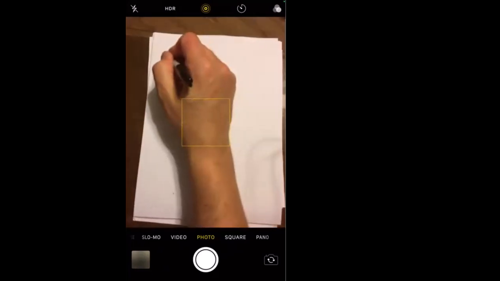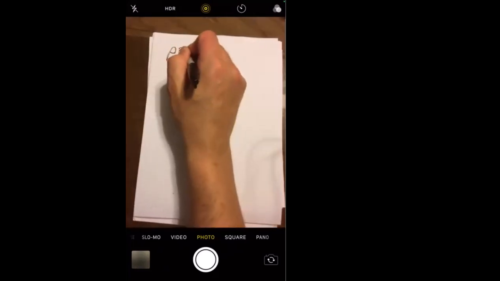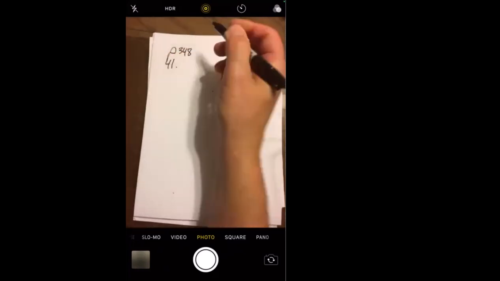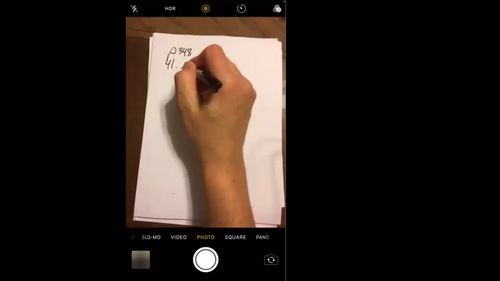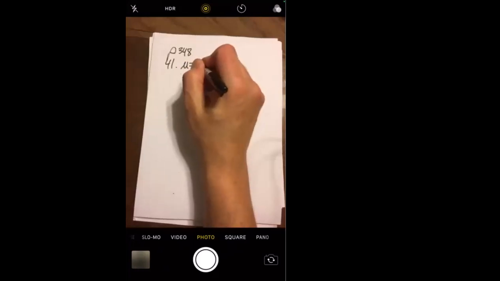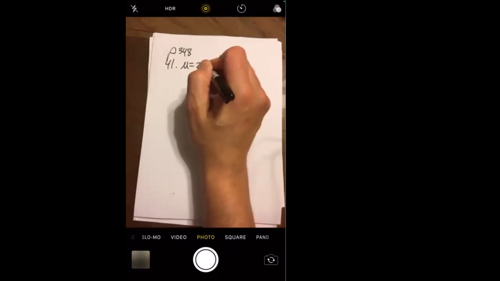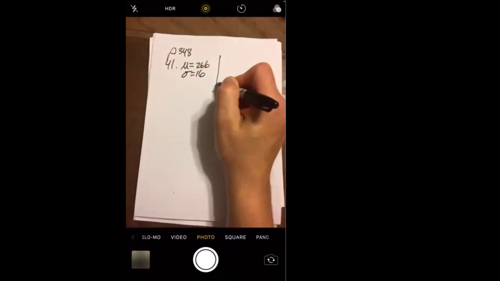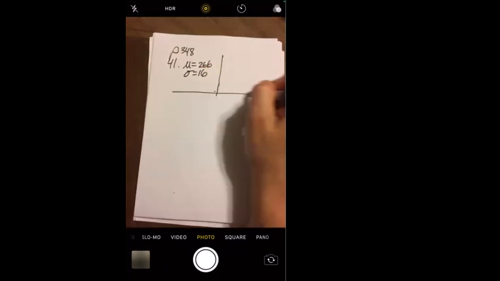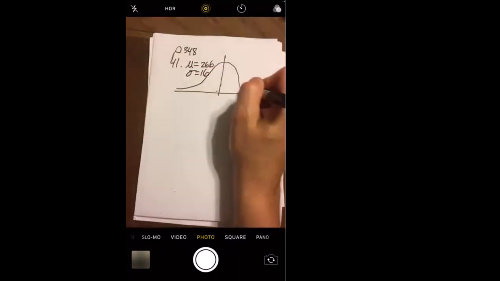Okay. So this is page 348, 41. This is about human pregnancies. Well, maybe I'll just write the numbers down. Your mean is 266 and standard deviation is 16. I can go ahead and picture it with 266 in the center.